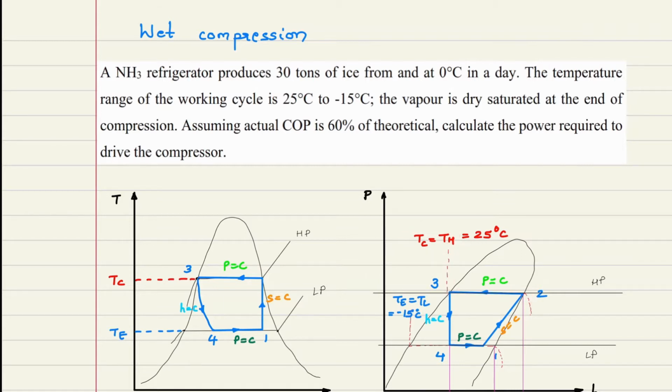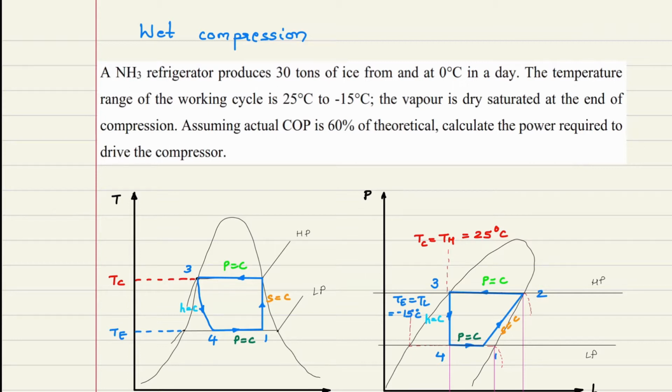After understanding the pH diagram, we have to solve this. Now, if you see the ammonia pH chart, inside the vapor dome we don't have dryness fraction values. The dryness fraction value is not there and the constant entropy curve is also not there. So we cannot plot this on the pH chart.